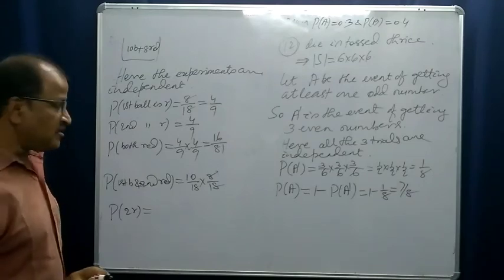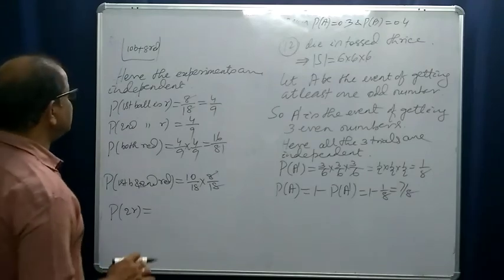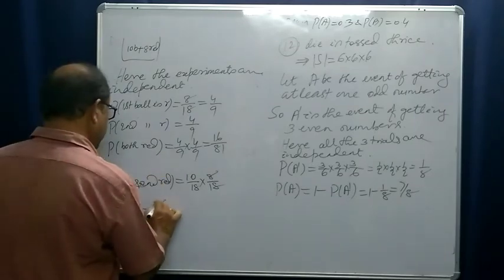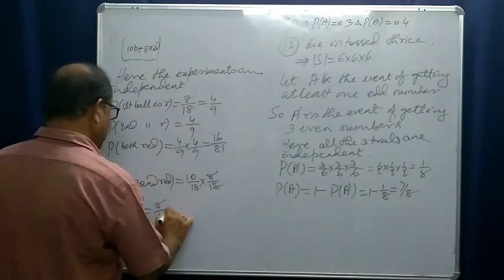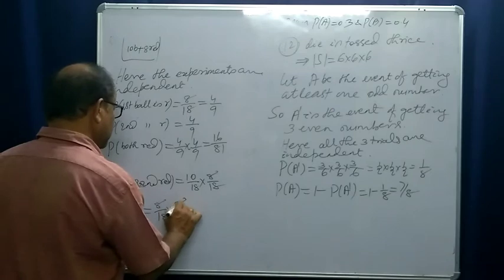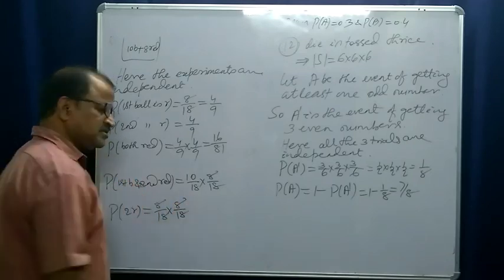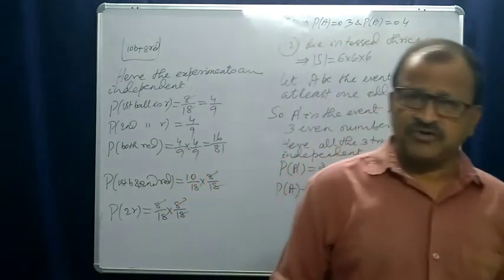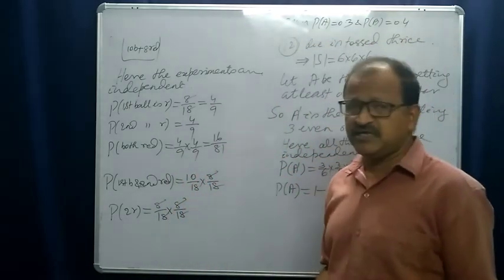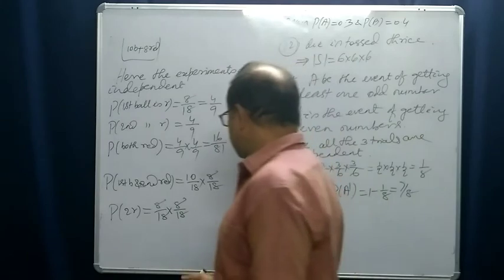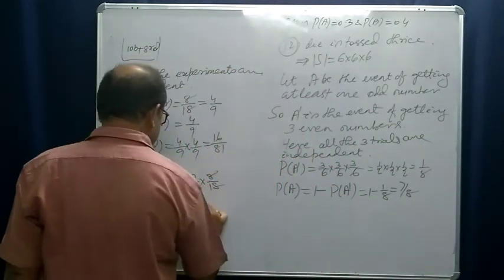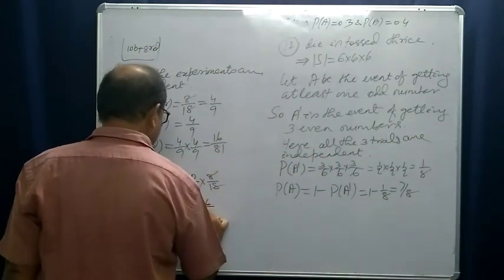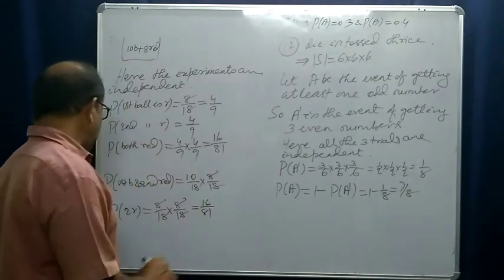What is the probability that the first ball is red? It is 8 by 18, and the second ball is red, also 8 by 18 because they are independent. So it is 16 by 81. Both are red.